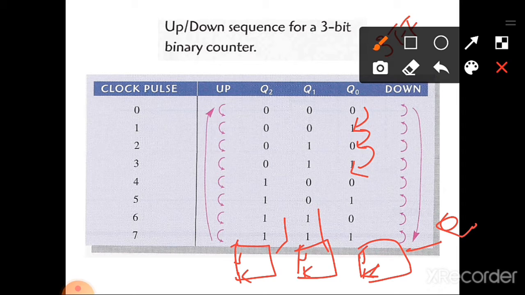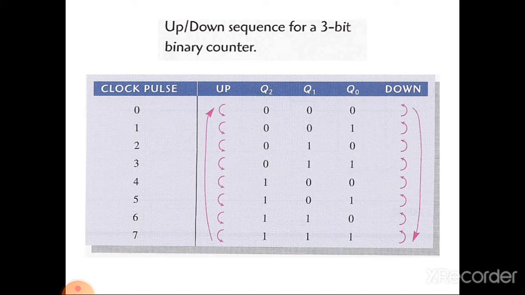For a JK flip-flop, toggling takes place only when J and K are both 1. So for the first flip-flop, J and K will be 1, for both upward and downward cases. Q0 toggles every clock pulse.